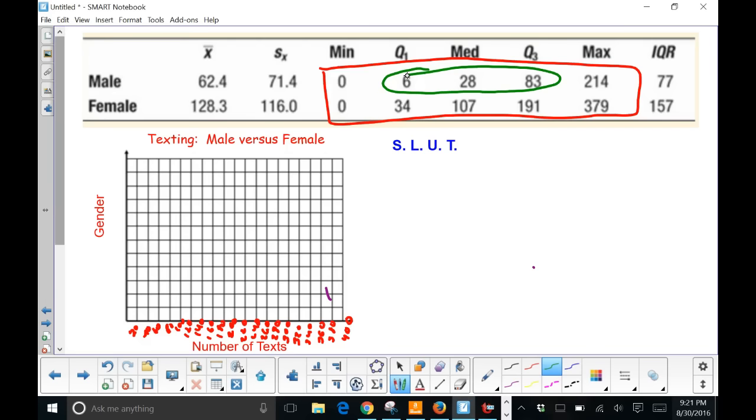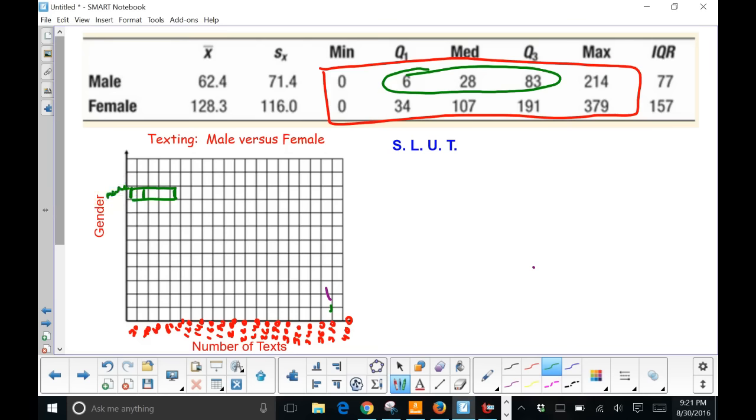So if I were to look at males, I would need to have the lower end of the box around 6, the upper end of the box at about 83, and the median is about at 28. And I'm going to call this male.